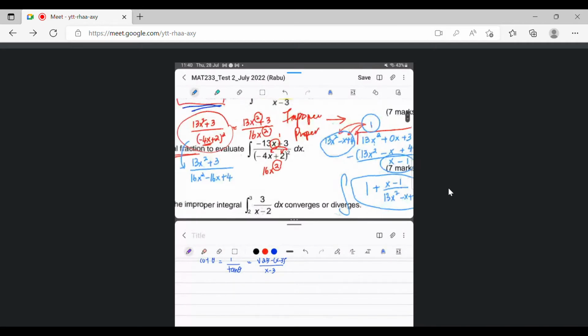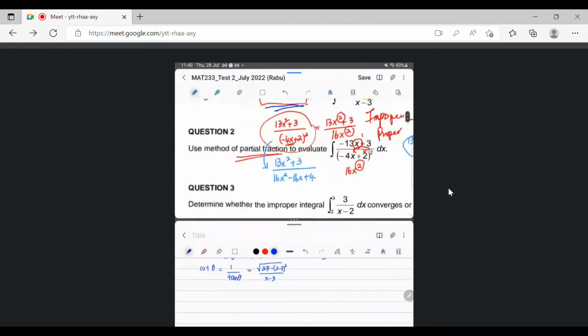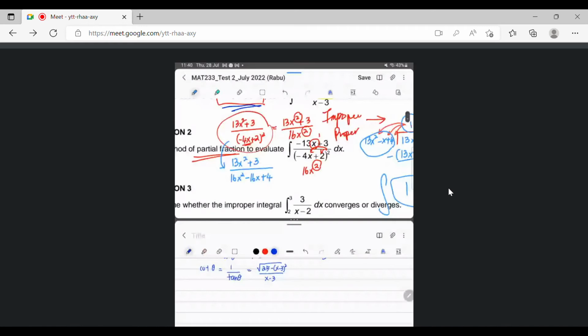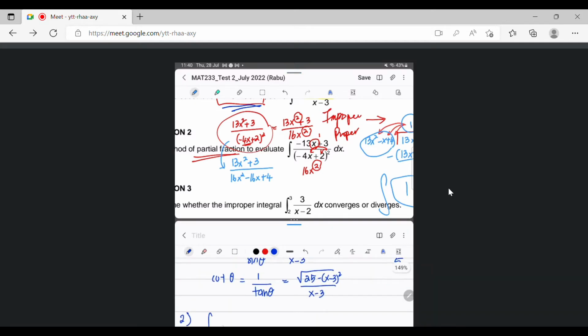Okay, kalau okay, kita proceed with our question lah. Use method of partial fraction to evaluate. Okay, since this is the proper integration, proper function, so kita terus proceed dengan salin balik. Salin soalan, make sure that betul ataupun tidak.